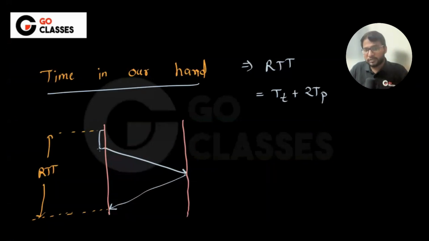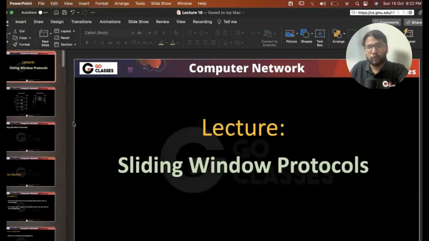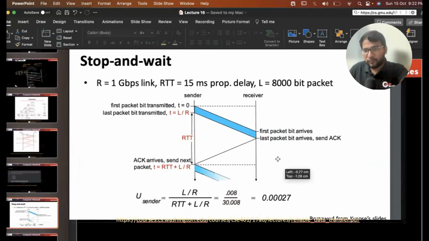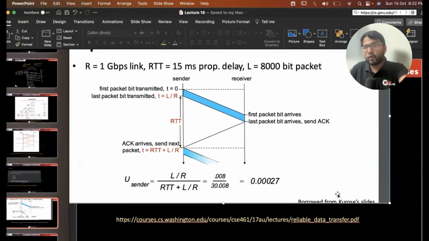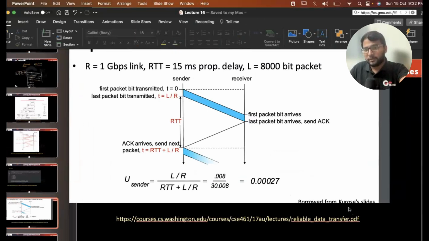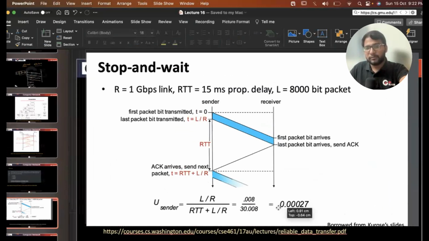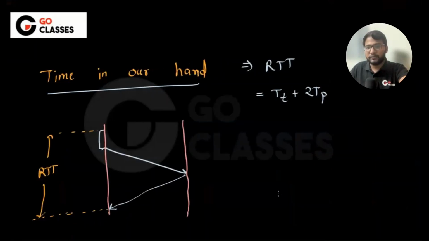But some authors and some books consider it from this particular line. The slide I just showed you was from Washington University, but they have borrowed it from the Kurose book, a standard reference book.